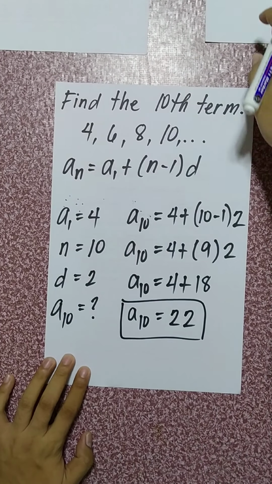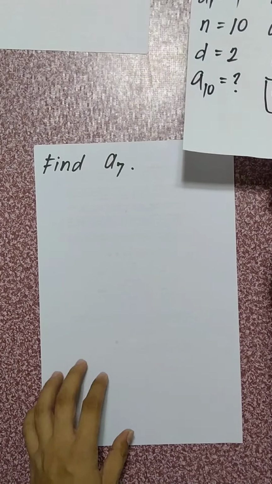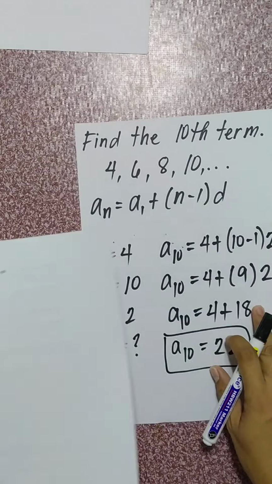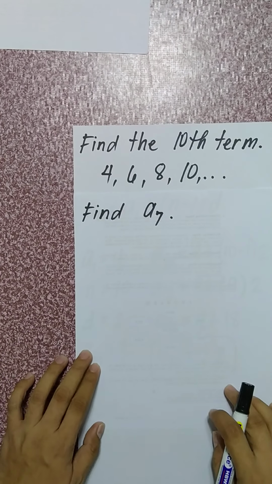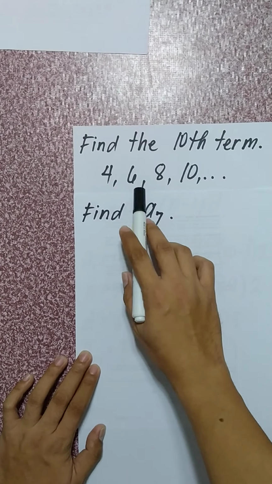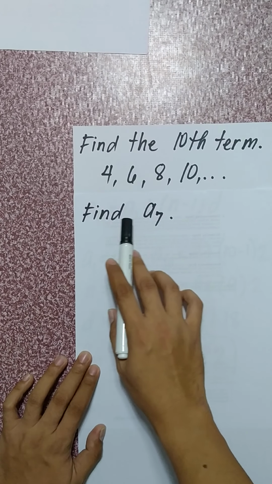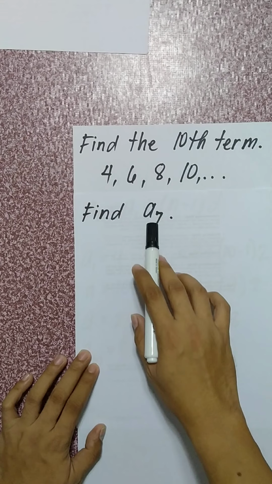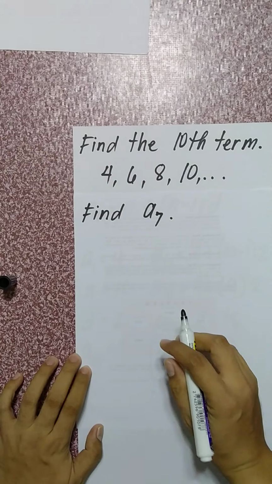Let's have another one. So, same given. Still, we have 4, 6, 8, and 10. We're looking for, or we're going to find a sub 7. So, that is the 7th term. Again, sulat lang ulit natin yung ating mga given.